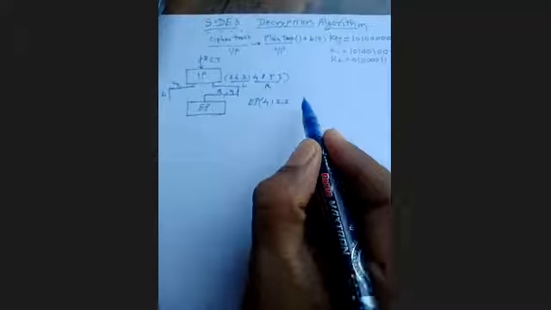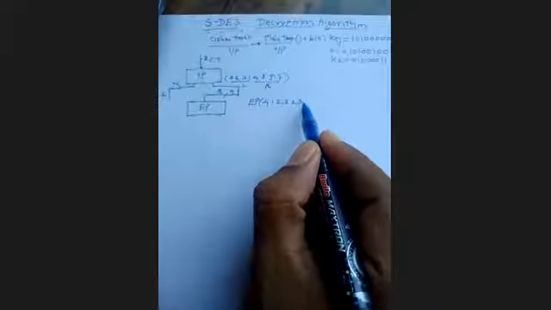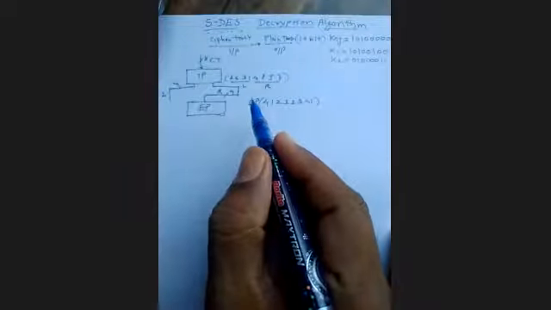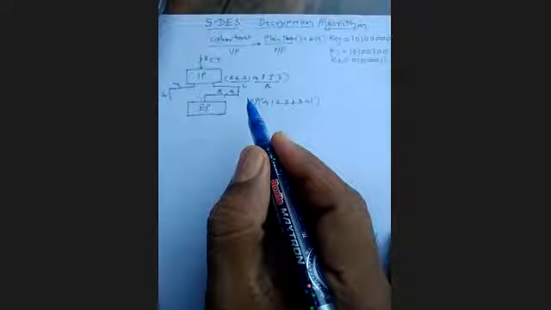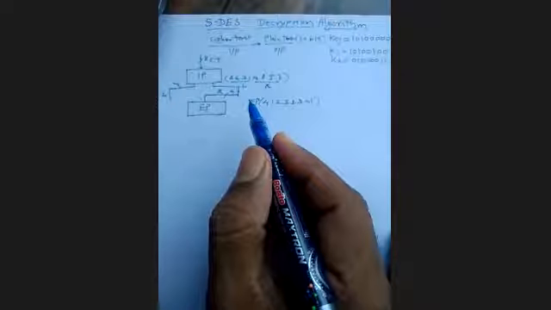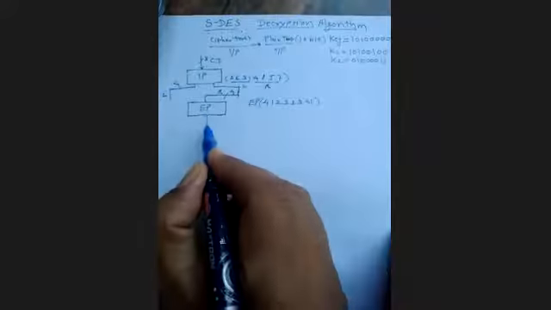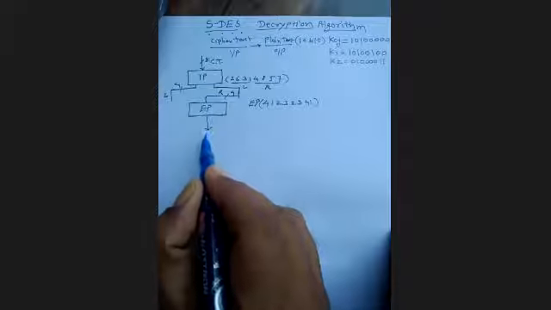And again 2, 3, 4, 1. Understood? That EP you have to perform. That is called expansion permutation.